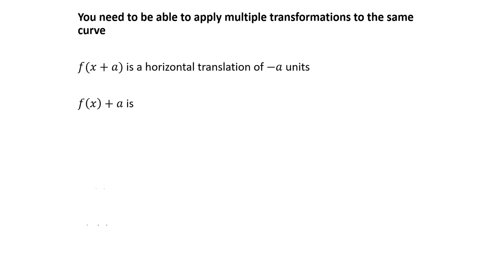If we have f of x plus a outside the brackets, what do you think that does? So that's a vertical translation of a units, or a translation of a units in the positive y direction.